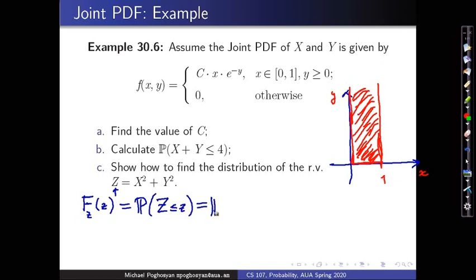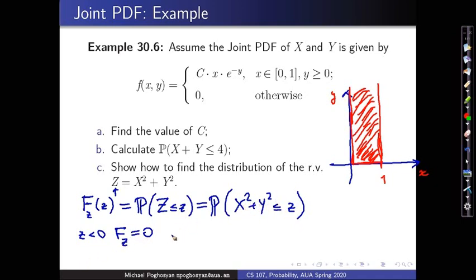And by definition of Z, x squared plus y squared is less or equal than z. So we can separate two cases. When z is less than 0, F of Z is 0, of course, because we do not have points satisfying this.